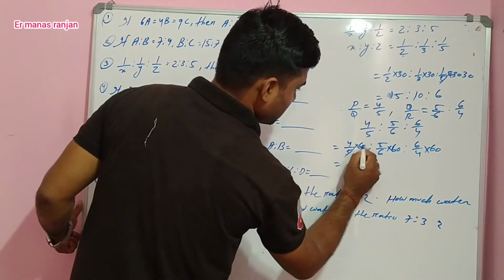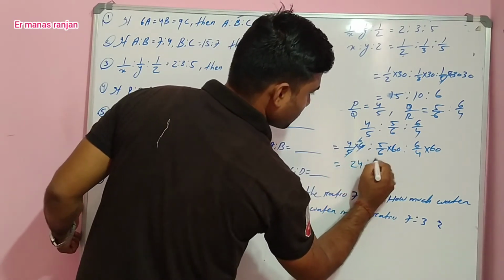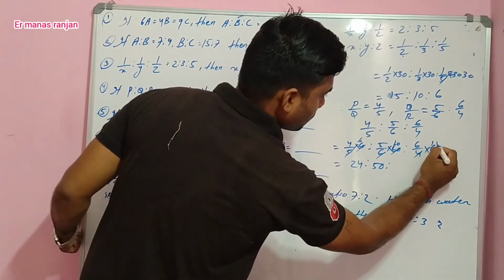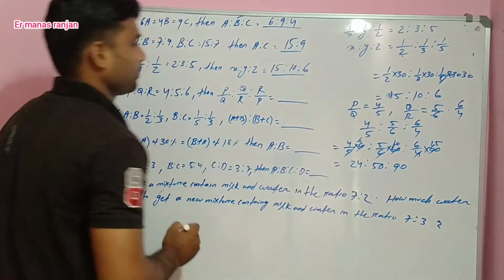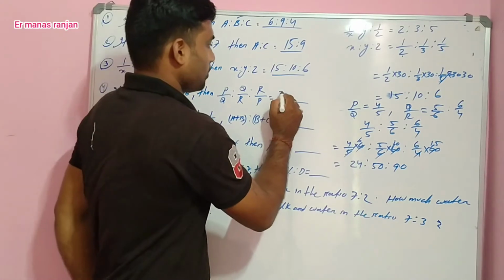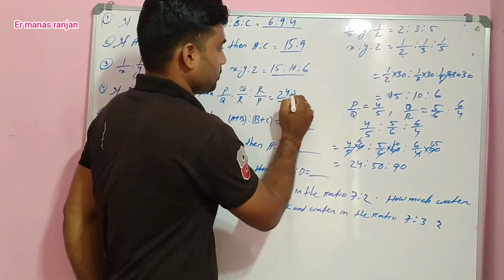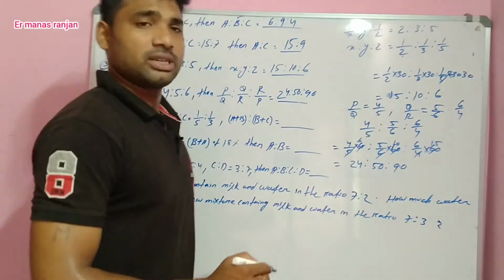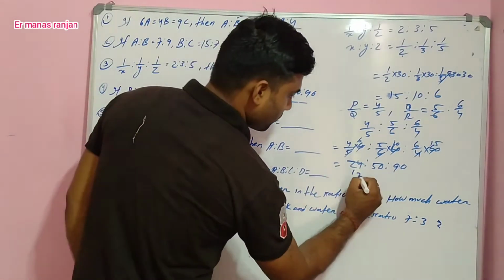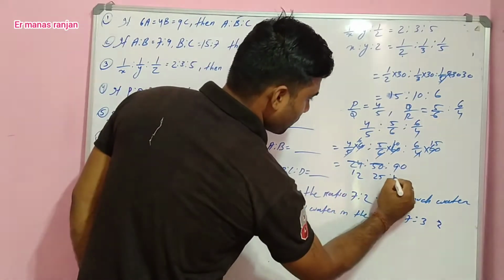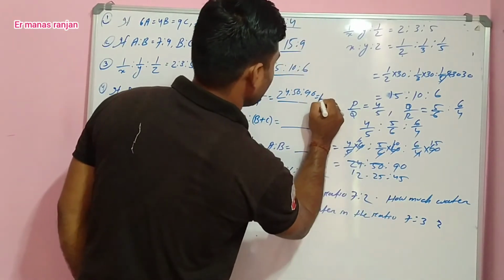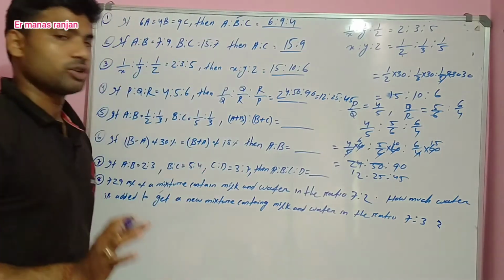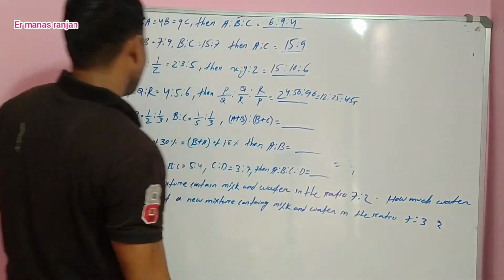You will get 48 is to 50 is to 90. Also you can convert it into the simplest form: 24 is to 25 is to 45. Understood?